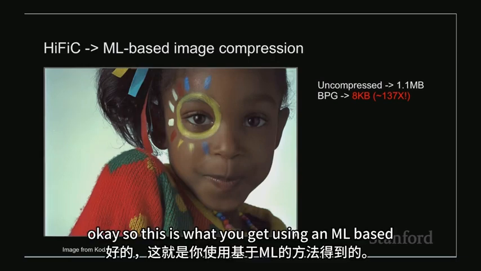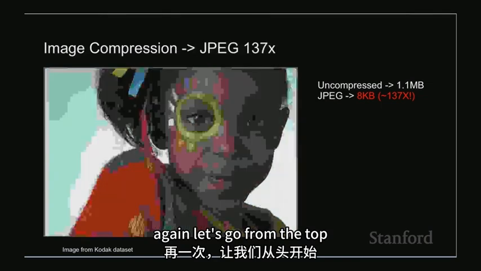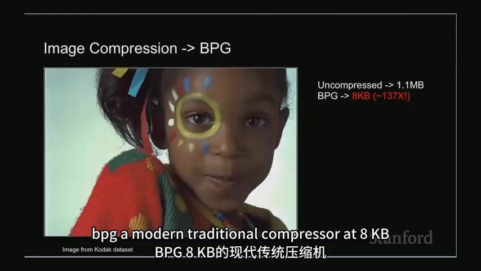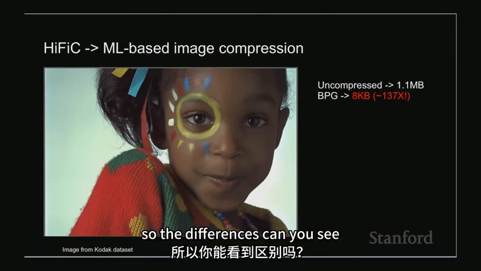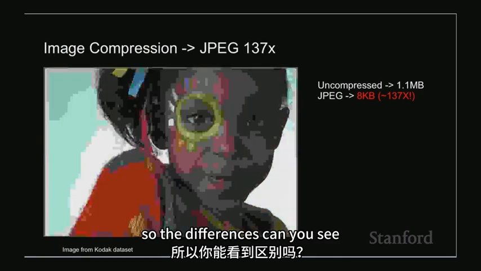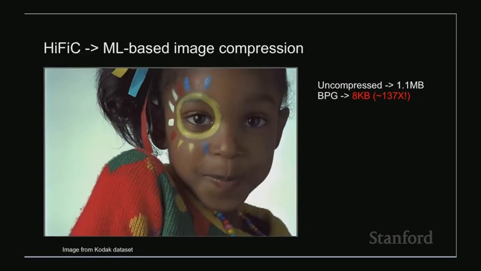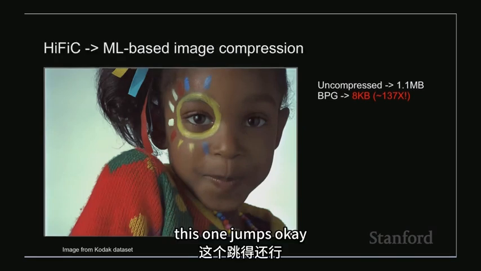Okay, so this is what you get using an ML-based image compressor. Again, let's go from the top. JPEG at 8 KB, BPG, a modern traditional compressor, at 8 KB, and ML-based at 8 KB. So the differences, can you see? Sorry, this one jumps.